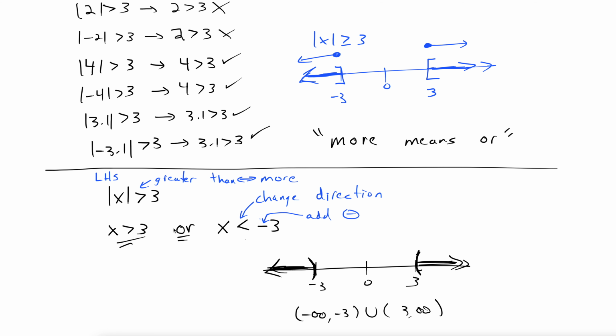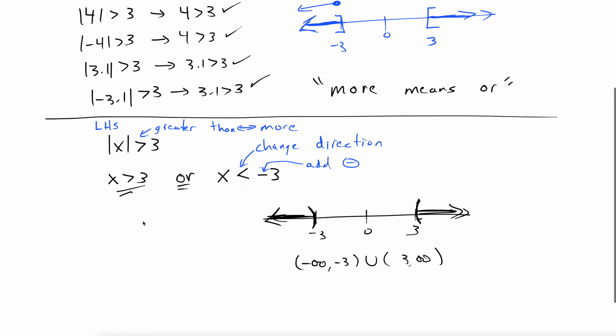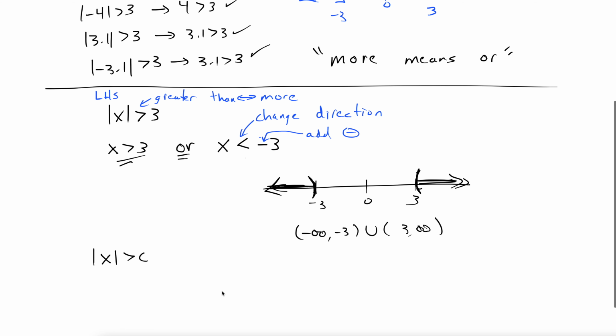This works for anything. It doesn't have to be 3. This more means or business, once you get it down for 3, you can see it for any c. If absolute value of x is greater than c, you just go to your number line, go up to c, go down to -c.